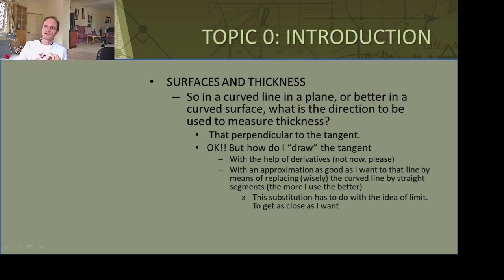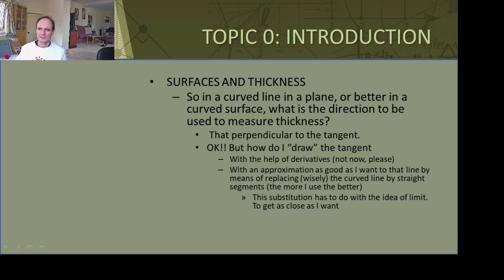What do I mean by this? You have a line, draw a line in your imagination, make it something like this, okay? We can approximate it by means of straight lines, by means of segments. If we do it wisely, we will be defining some kind of path that will drive us to get as close as we want to the actual curved line by means of these small segments.